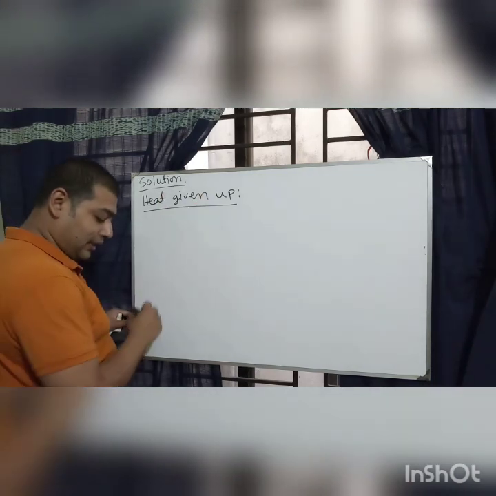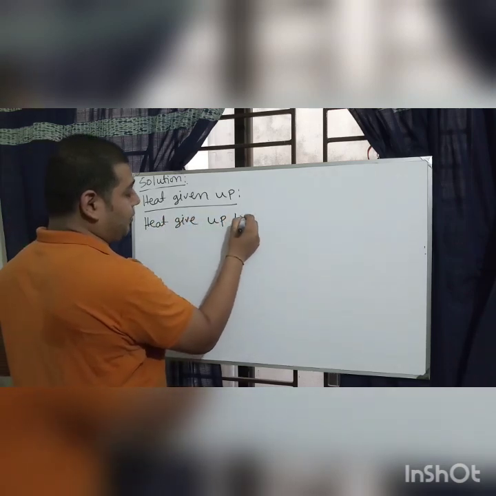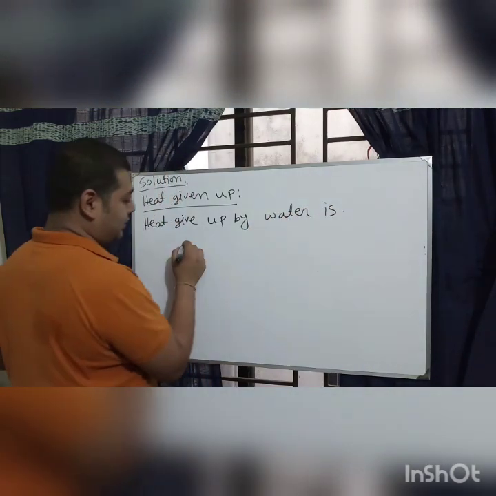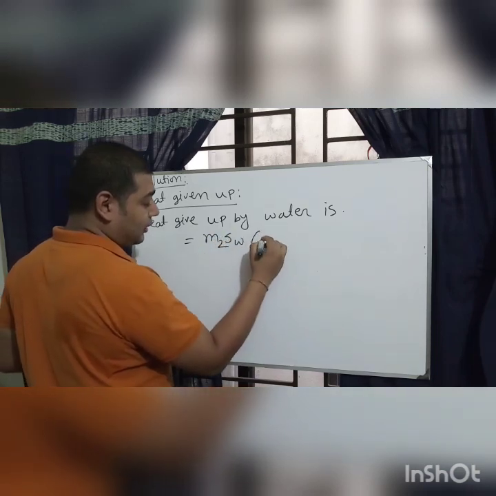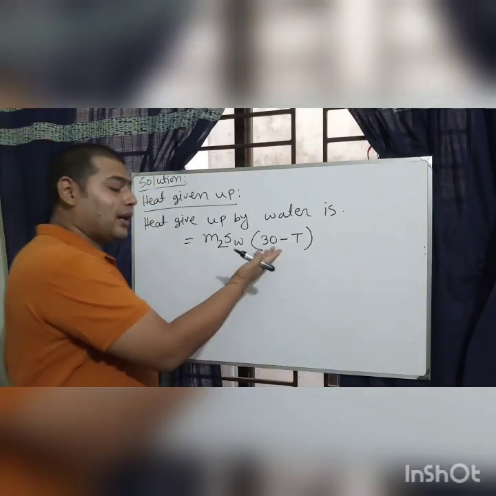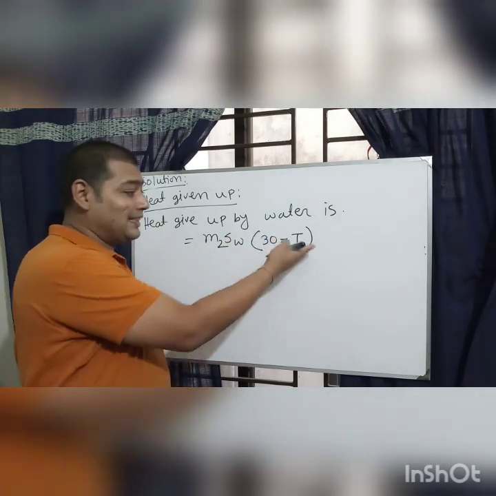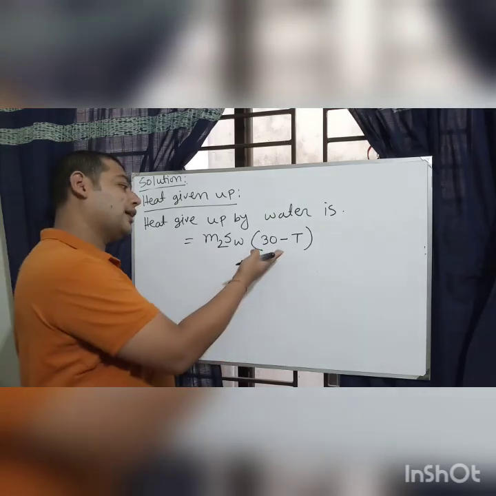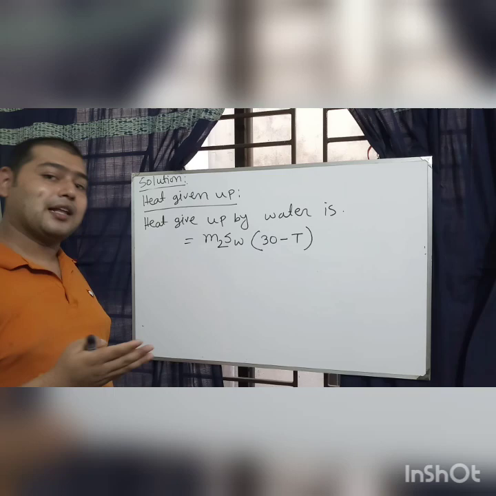Okay, so heat given off by water is equal to m2 SW (30 minus T). We can use the Celsius scale here because the temperature is a difference. So we can use degrees Celsius as well as Kelvin.